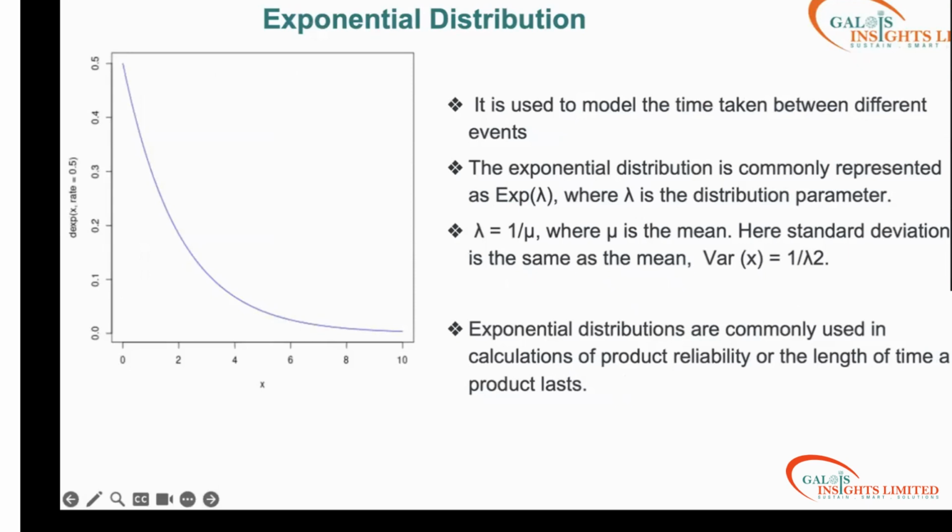Lambda is measured by 1 over mu, where mu is the mean, and the standard deviation is the same as the mean. And the variance is 1 divided by lambda squared. In practice, exponential distributions are used in calculation of product reliability, or the length of time a product can last.